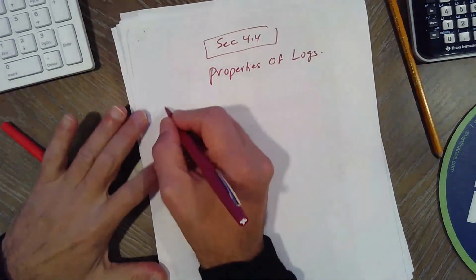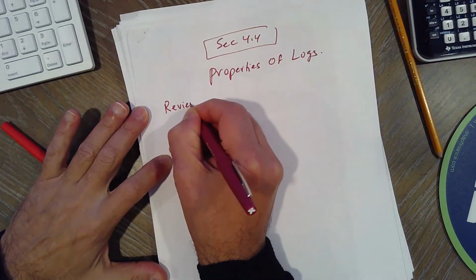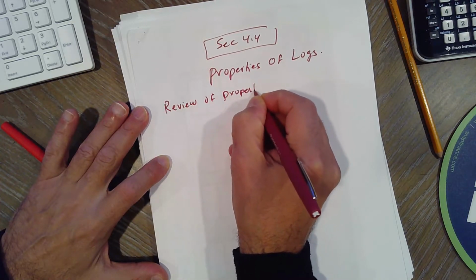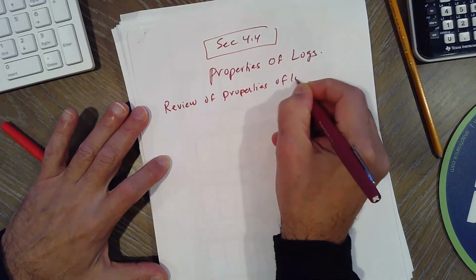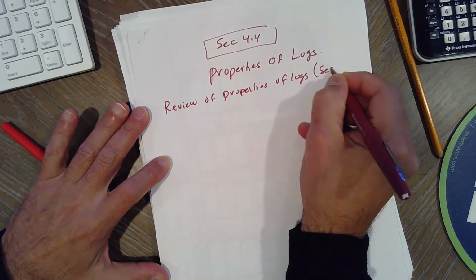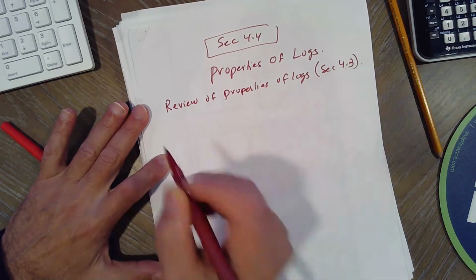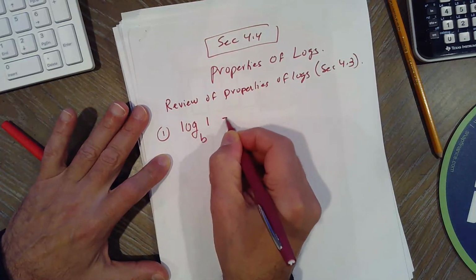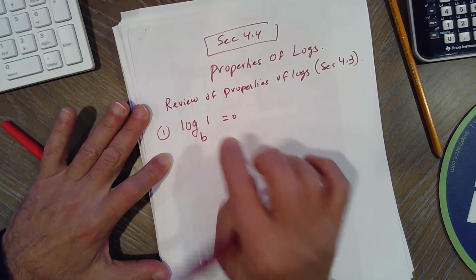But before that, let's just review what we know about properties of logs, what we learned in section 4.3. So we know that log of 1 to any base b is 0 because b to the 0 is 1.